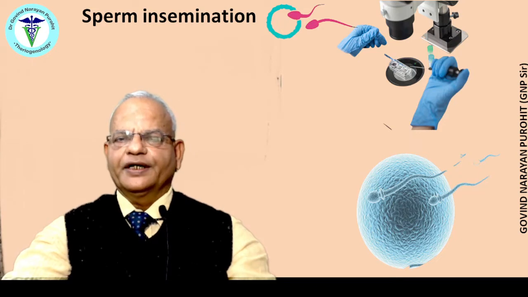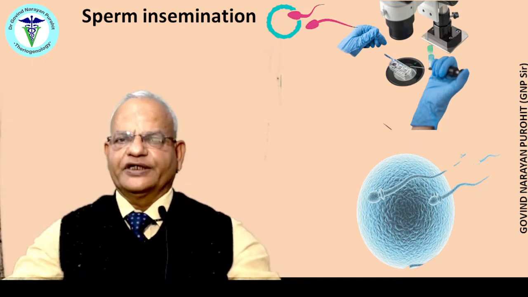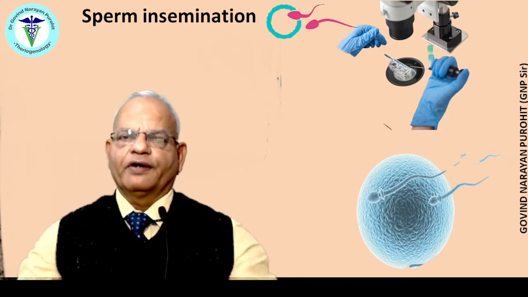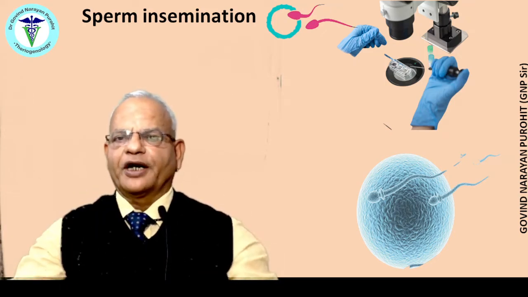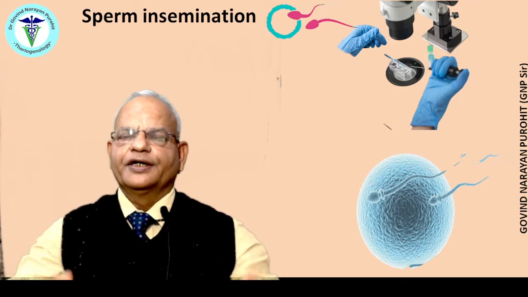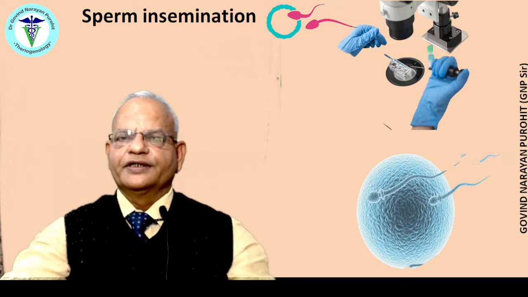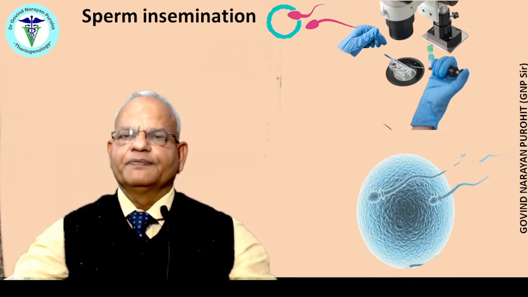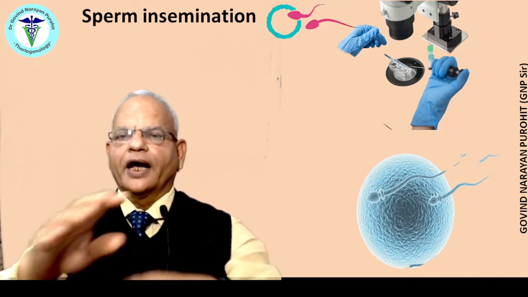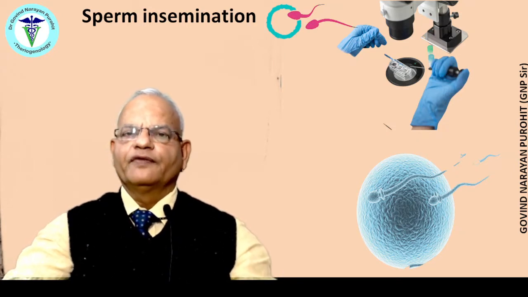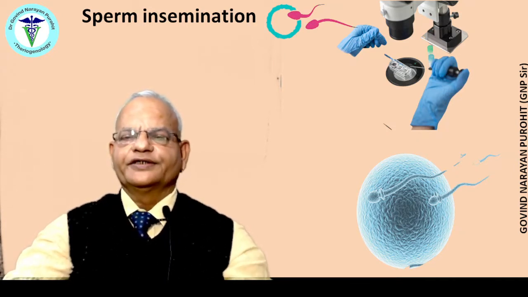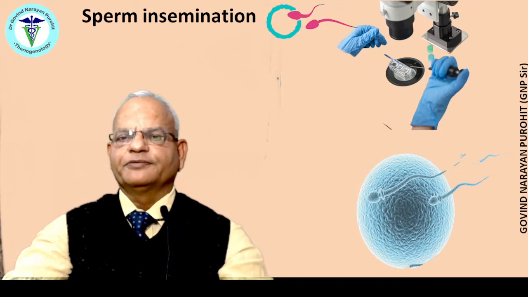Now when the oocytes have matured, you have kept them for 24 hours, and you have already prepared the spermatozoa, it's ready. You can check whether the spermatozoa are capacitated; capacitated spermatozoa become hyperactive and they move very fast. You can check them under a microscope, and then you can take out the sperm suspension.